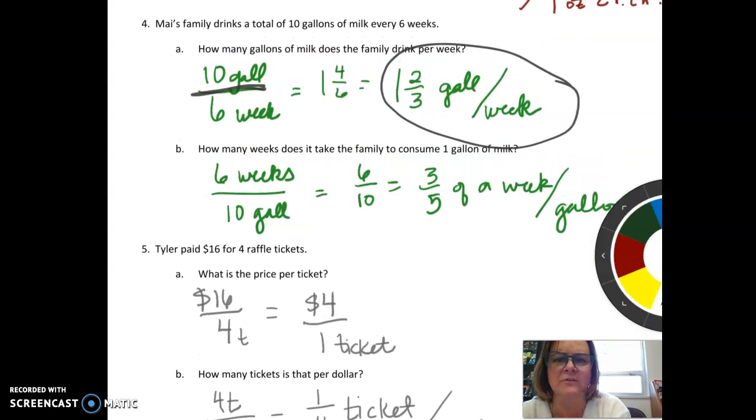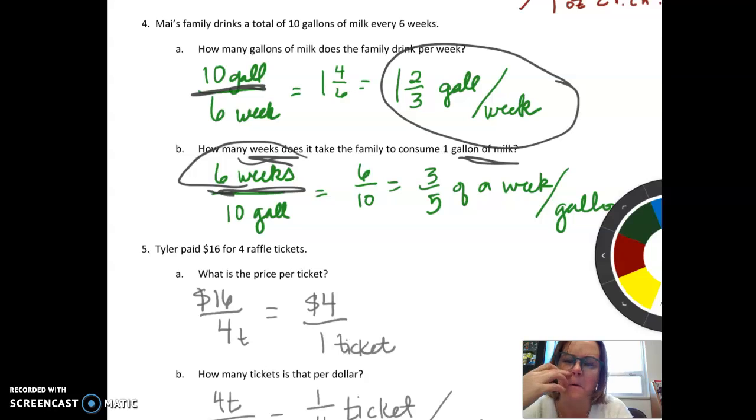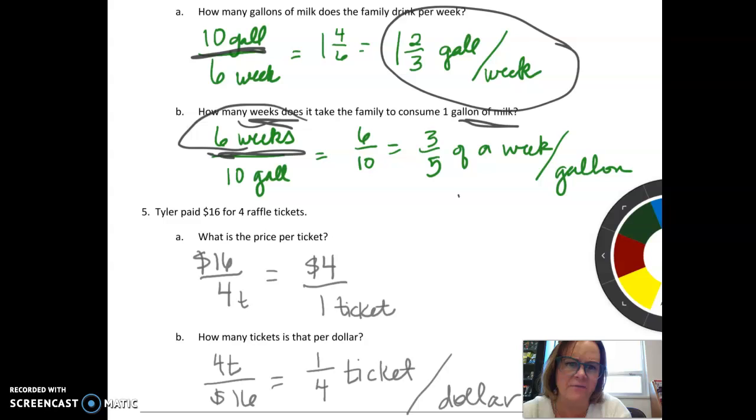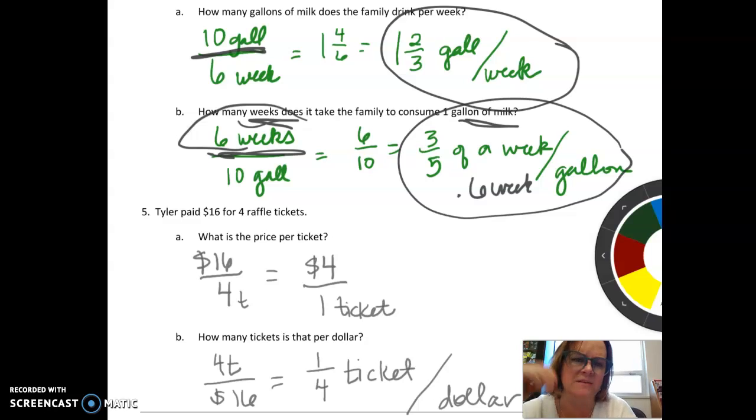Well, this one we're wanting to know weeks per gallon. So we're going to do 6 divided by 10. And then we get 6/10 or 3/5 or 0.6 of a week. 3/5 of a week is what it takes them to drink 1 gallon of milk.